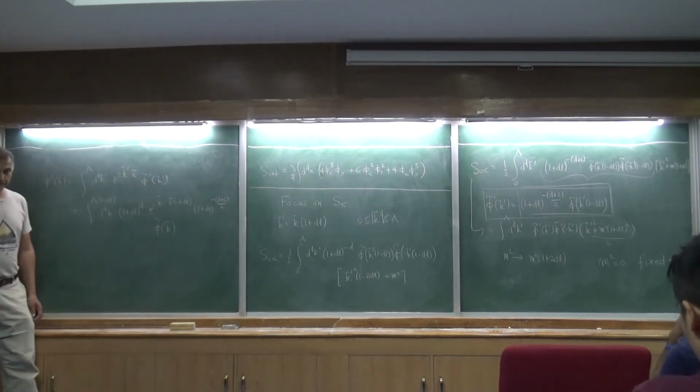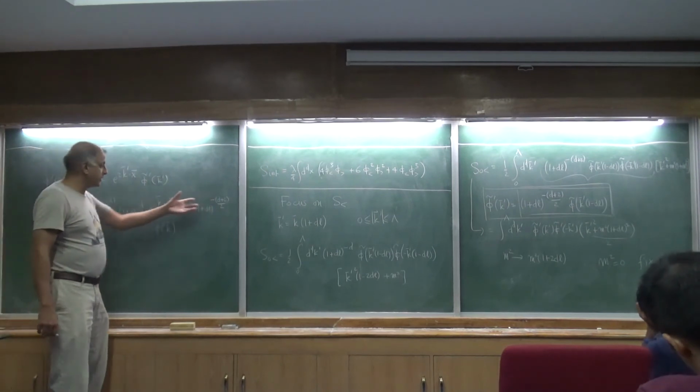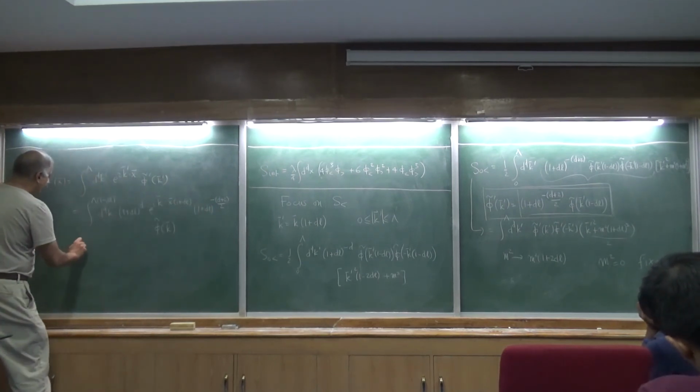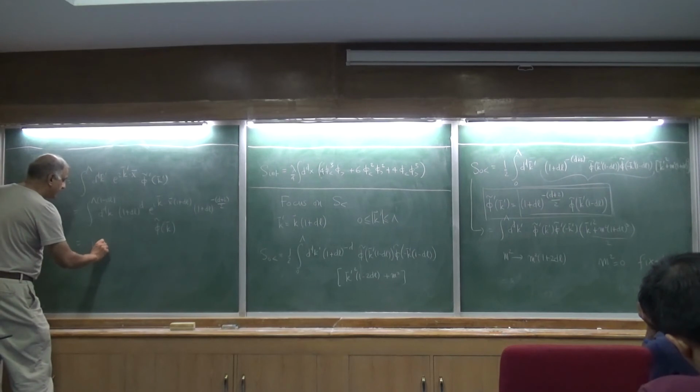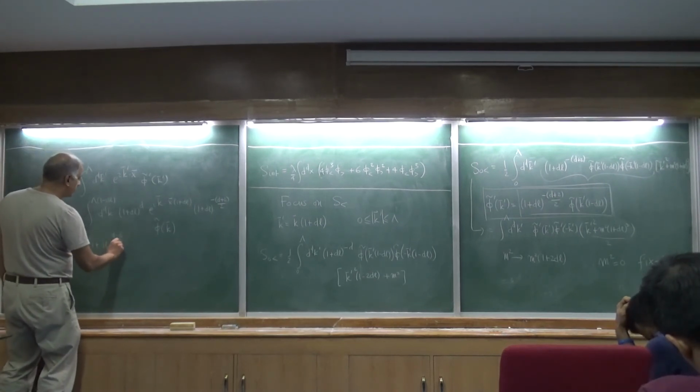You agree? Yes? All right. So I'm going to take all these powers out. So this looks like (1 + dl) to the power of (d - 2)/2.